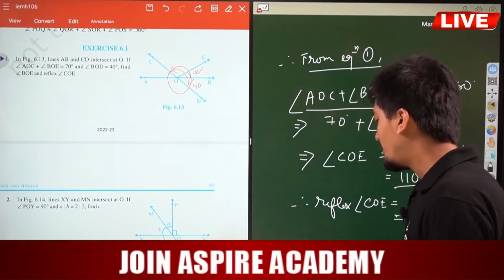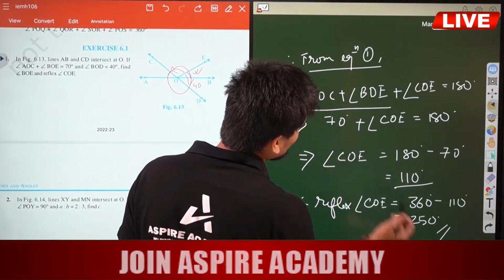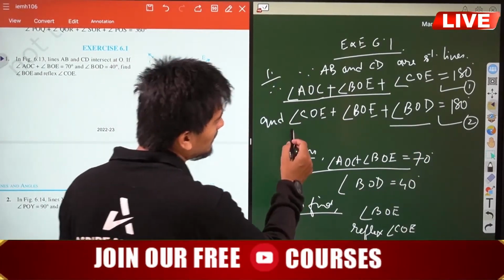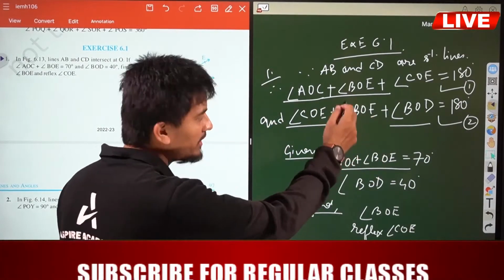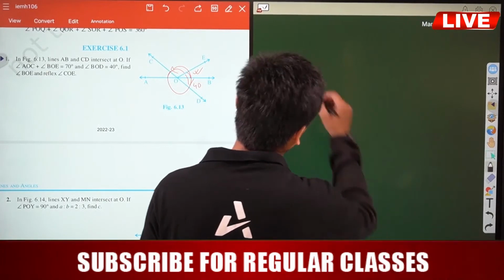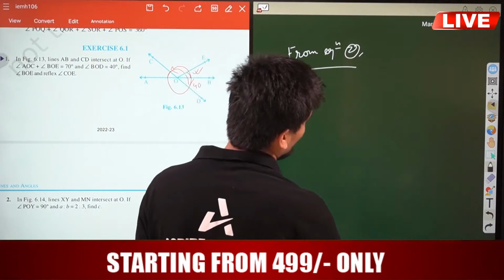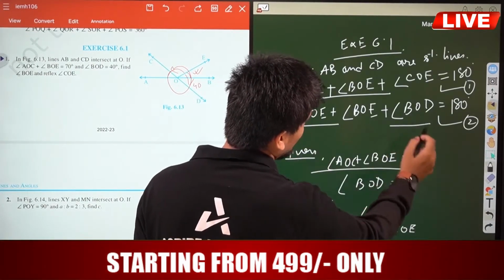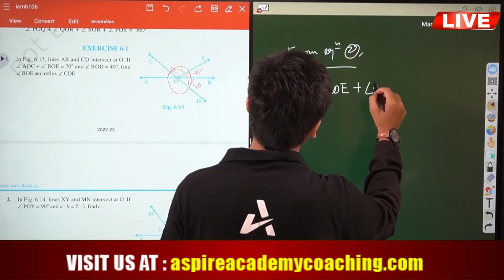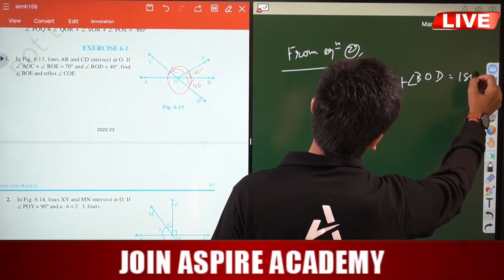Next, we need to find angle BOE. For angle BOE, we have angle BOD as 40 degrees, and we have found angle COE, right? Then we can find angle BOE. From equation 2, angle COE plus angle BOE plus angle BOD equals 180 degrees.